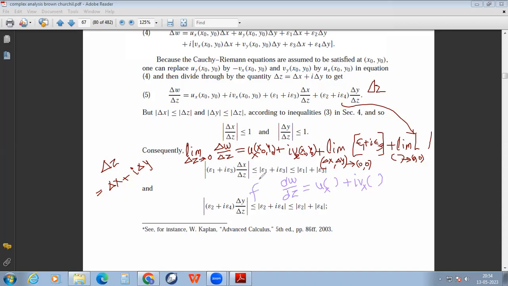What is that? f dash of z. So this way we say that the derivative exists. So how did we start? We started with the fact that the first partial derivatives exist, they are continuous, they satisfy Cauchy-Riemann equations, and we went up to this particular. Is it fine?